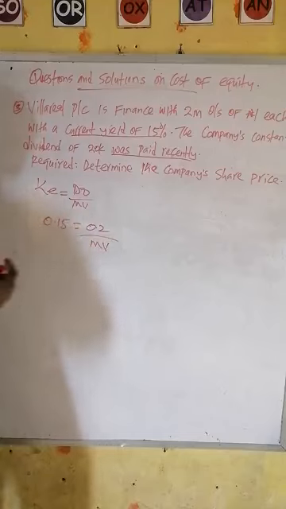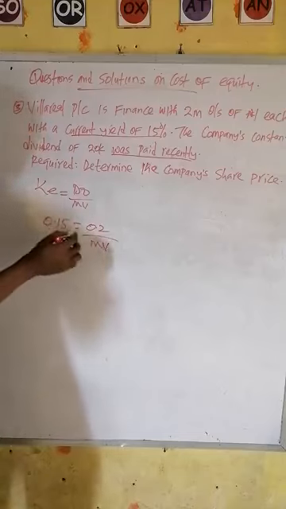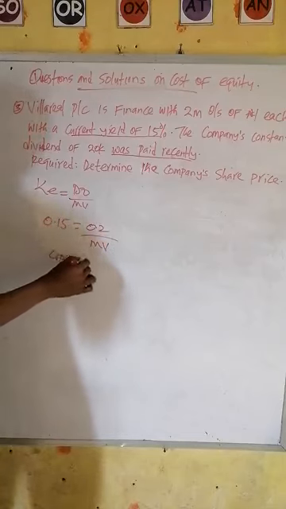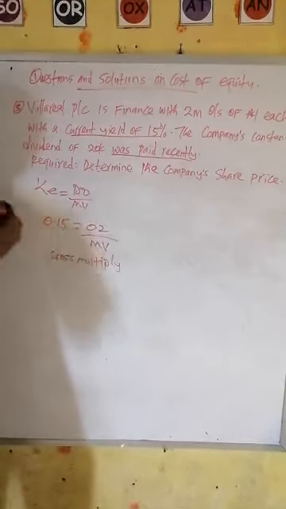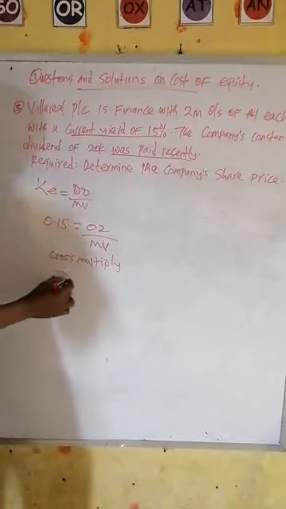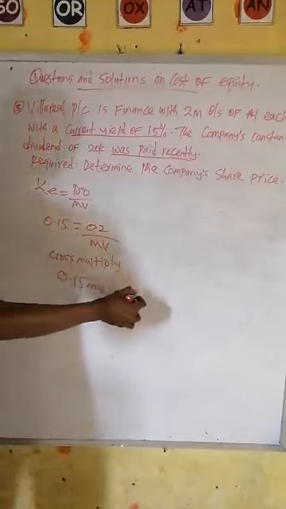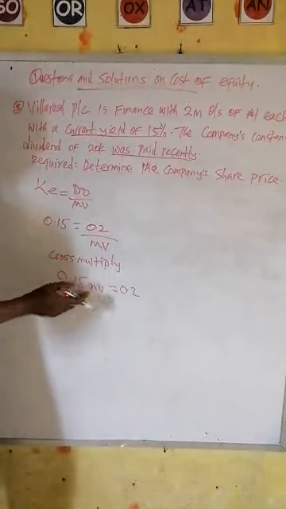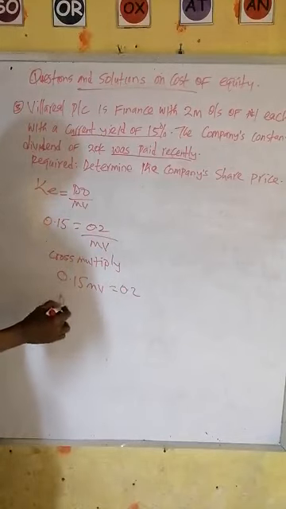Having gotten to this point, what is the next thing to do? We have to cross multiply. So when you cross multiply, we multiply this by this, and we have 0.15 MV is equal to 0.2. We are looking for the market value. What next? Divide both sides by the coefficient of MV.